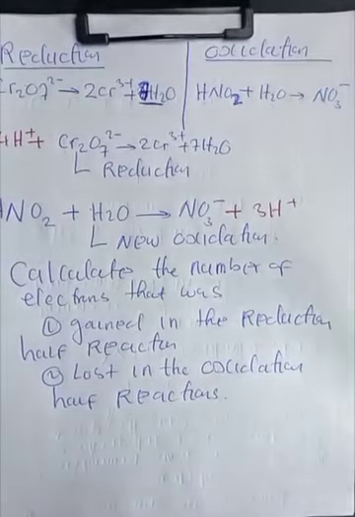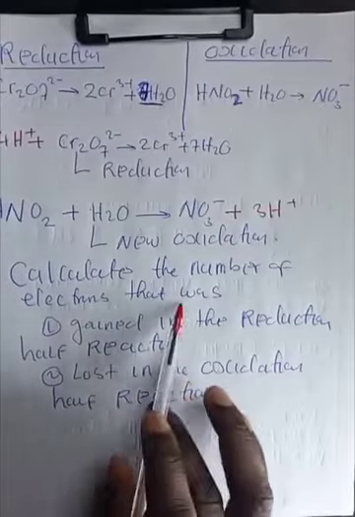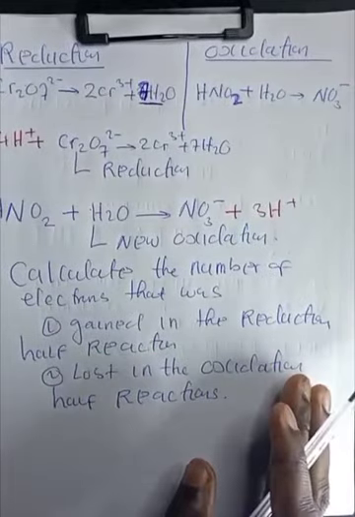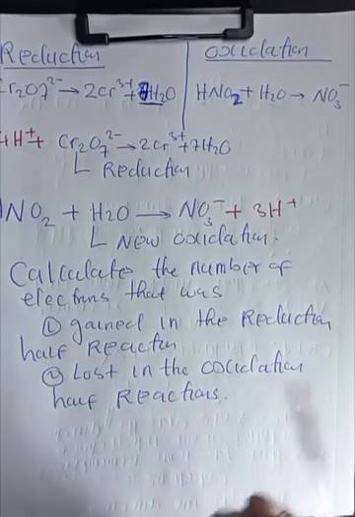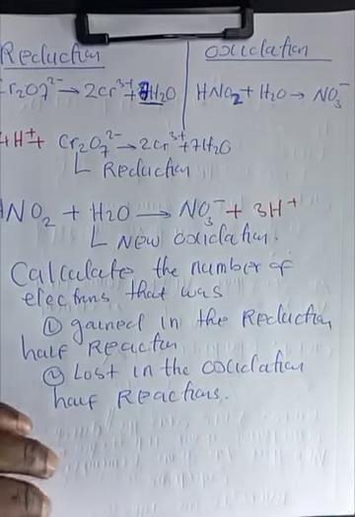Okay, so that's where we are now. We have to calculate how many electrons were gained in the reduction half reaction and how many were lost, by subtracting the difference. So we basically just do the subtractions.